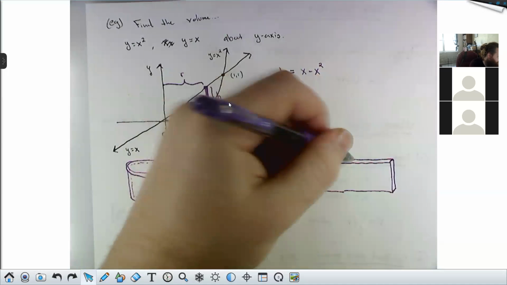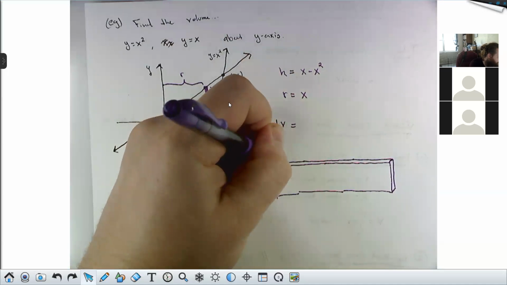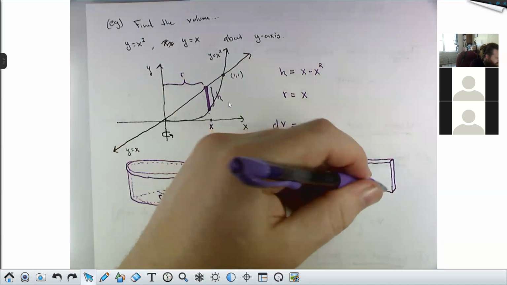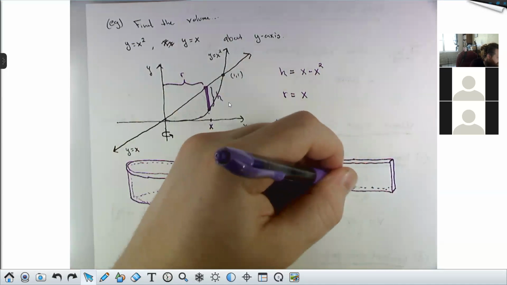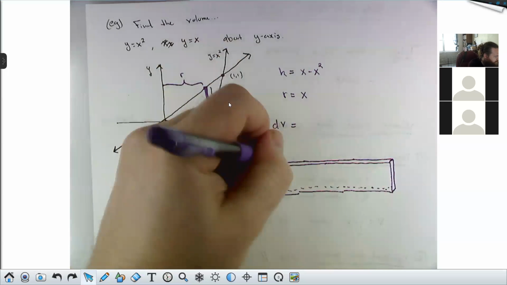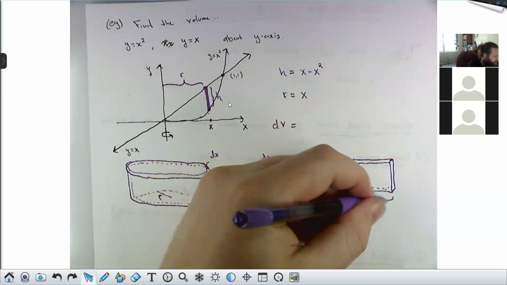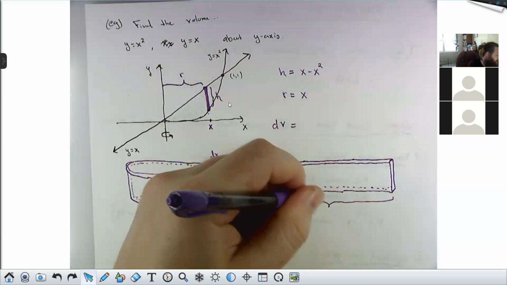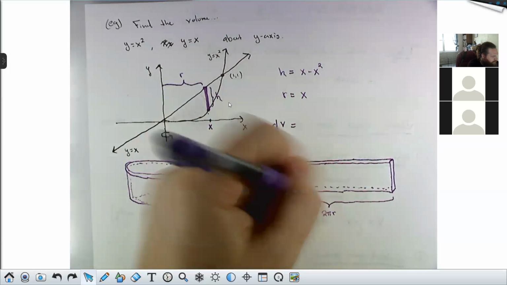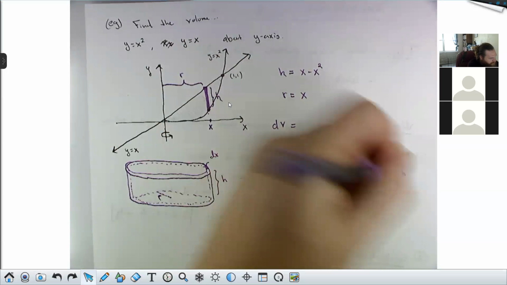When you cut and unroll that thing, you'll get a little box. It's much, much taller than it is wide, but our pens are only so sharp. So this dimension is dx. This dimension is the circumference of the shell, which is 2 pi times the radius. And this dimension is still the height.